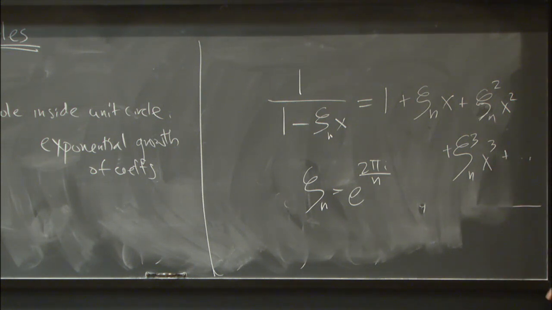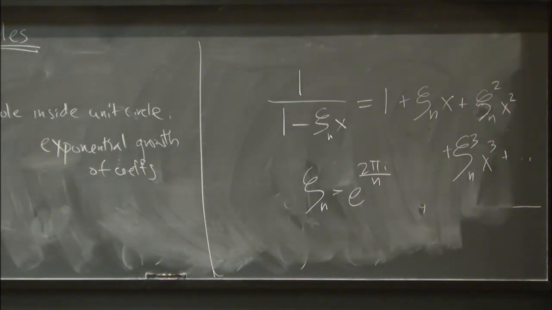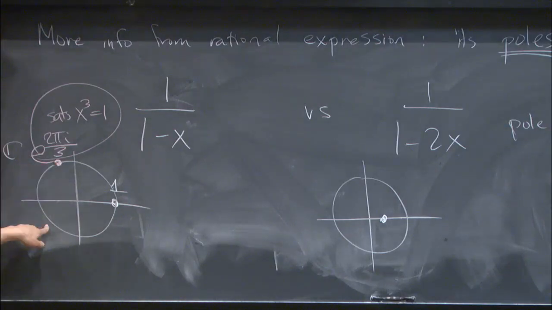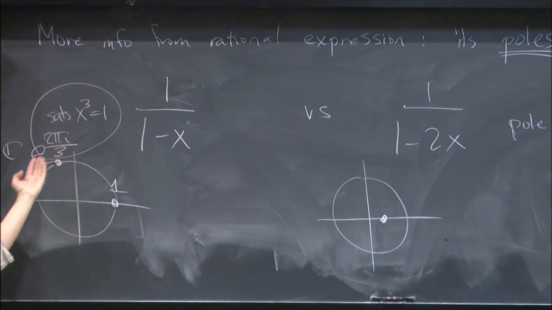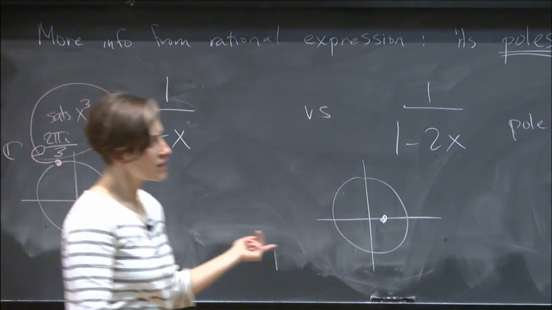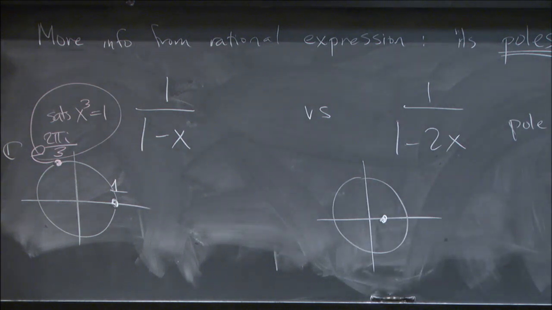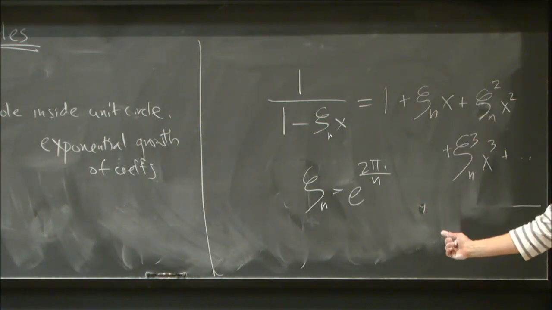And then the observation was that when you take a root of unity and raise it to powers, it wanders around the circle in equal angle increments. And if it's an nth root of unity, then after n steps, it comes back to 1. Is that clear, everybody, from the picture? So what does that mean about these coefficients? That means that they are actually periodic.